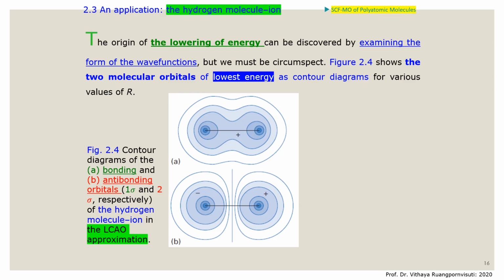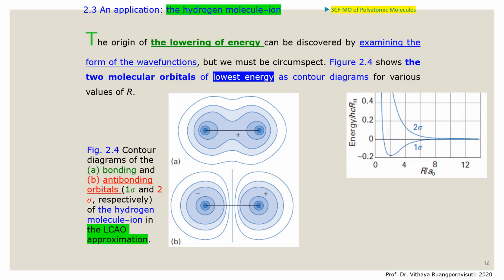Using the previous diagram, figure 2.3, we can describe the lowering of energy of the hydrogen molecule ion. The origin of the lowering of energy can be found by examining the form of the wave functions.